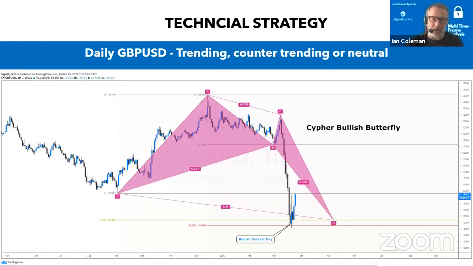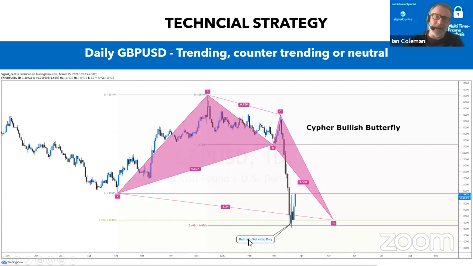Now, the daily chart, we've got a cipher pattern. We did a webinar on cipher patterns yesterday. This is a bullish butterfly. In case you didn't get the cipher pattern, or you find them hard to note, what you have got here is a 261.8% fib extension level, which is down here, and we've also posted a bullish outside day.